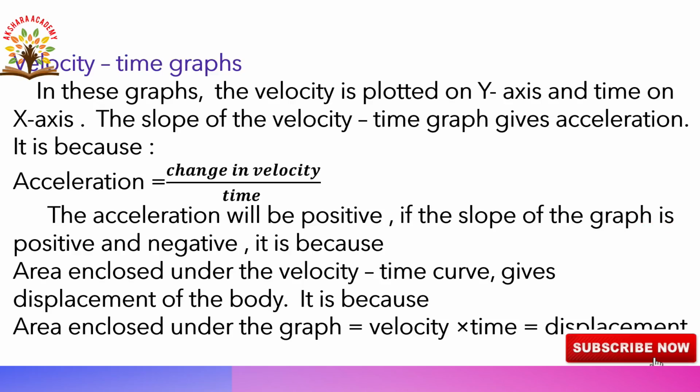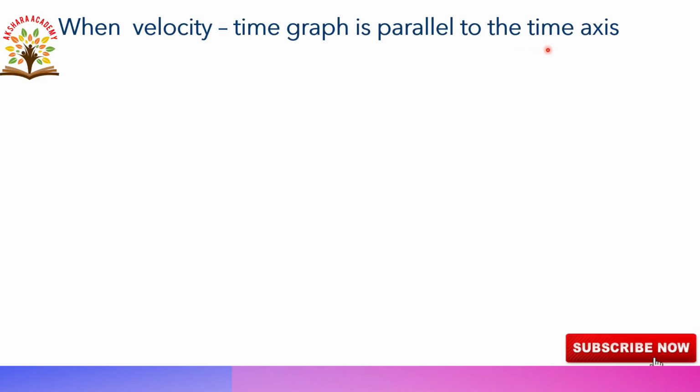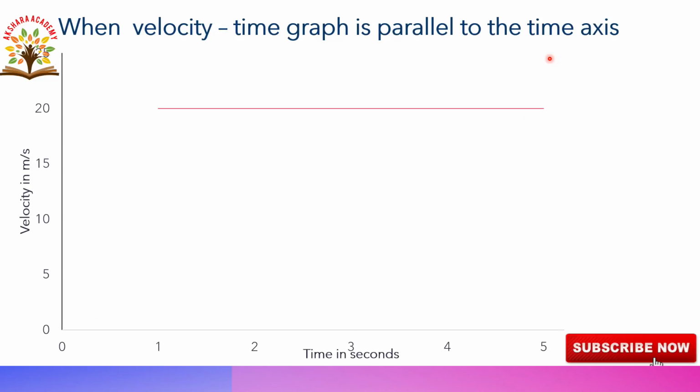Let us discuss the first one. When the velocity time graph is parallel to the time axis, we take time along the x-axis and velocity is plotted on the y-axis. The graph below shows the velocity time graph when it is parallel to the time axis.